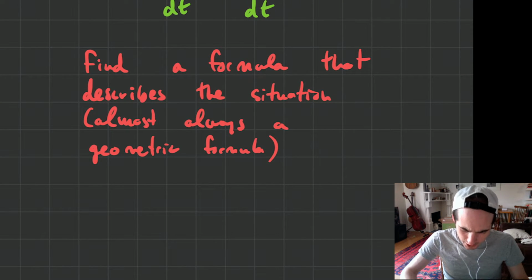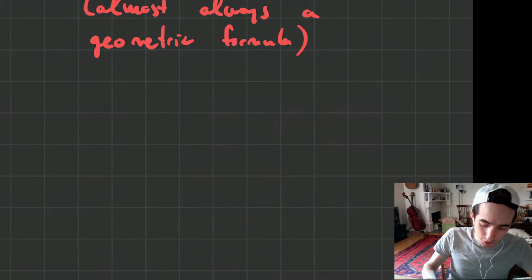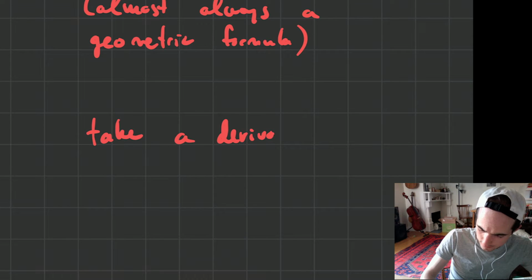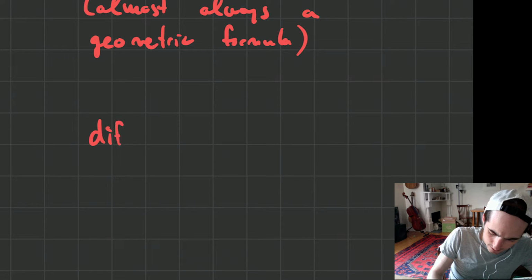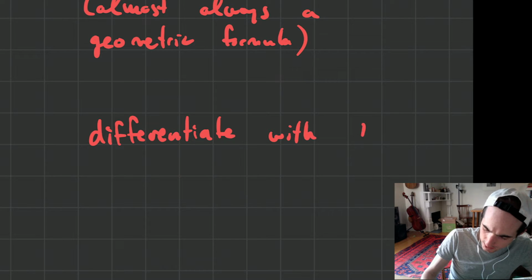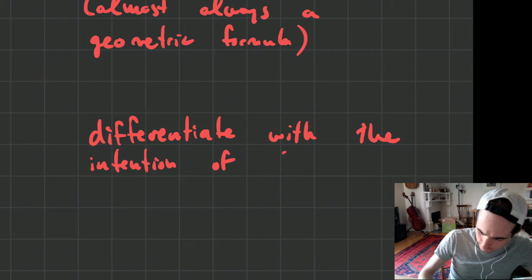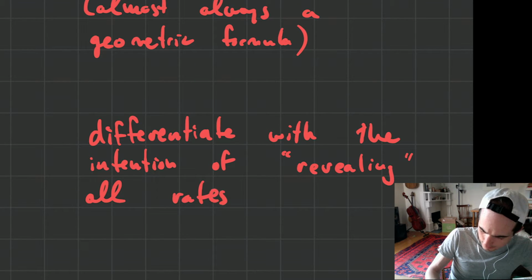So find a geometric formula that describes the situation, and then the third step is to differentiate, with the intention of revealing all rates in the question.